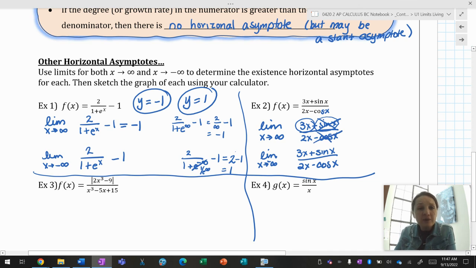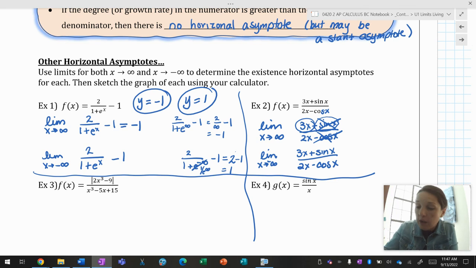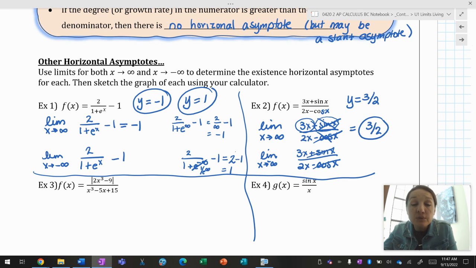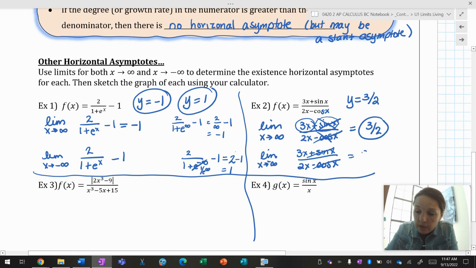And if I have 3x over 2x, they have the same growth rate. So as x approaches infinity, I'm going to take the ratio of their coefficients. So y equals 3 halves is one horizontal asymptote. Well, the same thing applies for negative infinity. These still bounce between 1 and negative 1. Then 3x over 2x, the x's still divide to 1, leaving me with 3 halves.